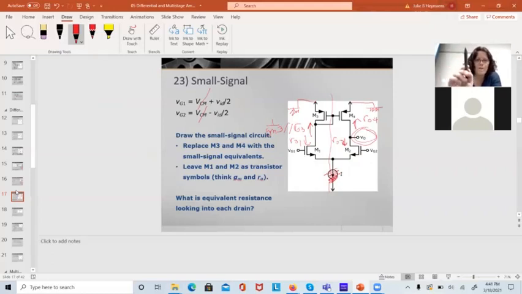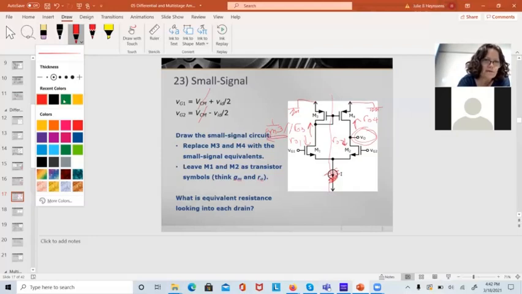So the output resistance of side 1 is going to be changed. 1 over GM is much smaller than RO3, but this side's still going to have the same gain. This doesn't affect my RO looking in from the output.